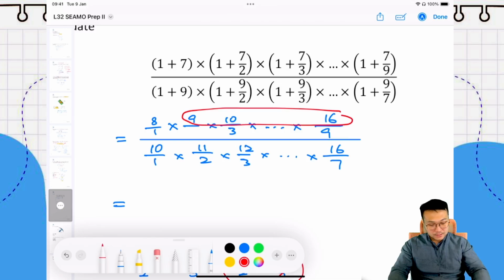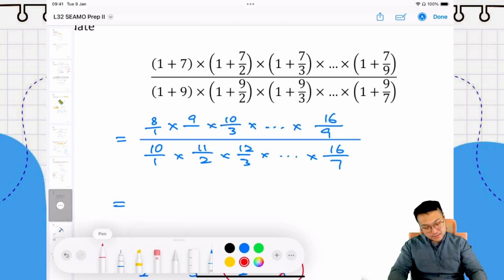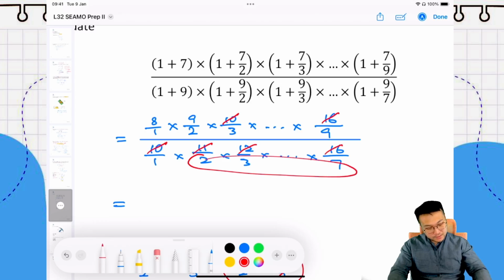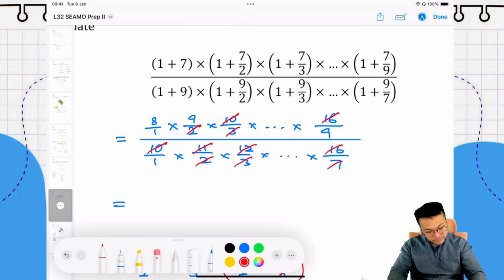So from 10 until 16, you can cancel everything out. What about the denominator? From 2 until 9, and you have 2 until 7. So that means you can cancel everything from 2 until 7. So you'll be left with 8.